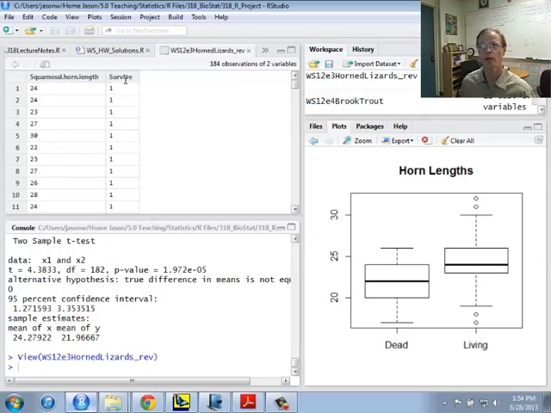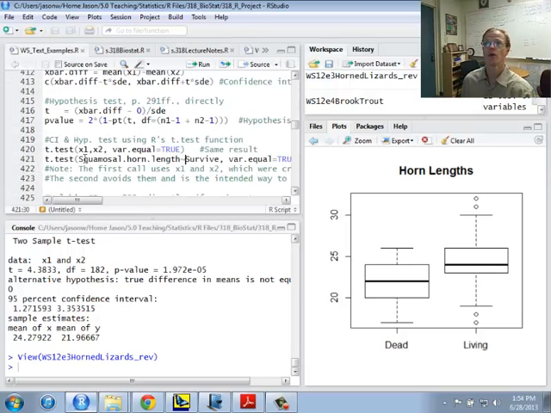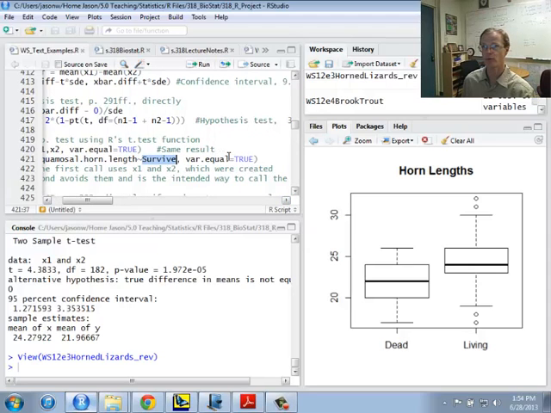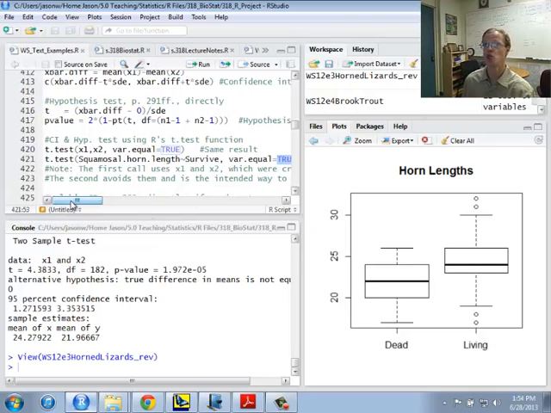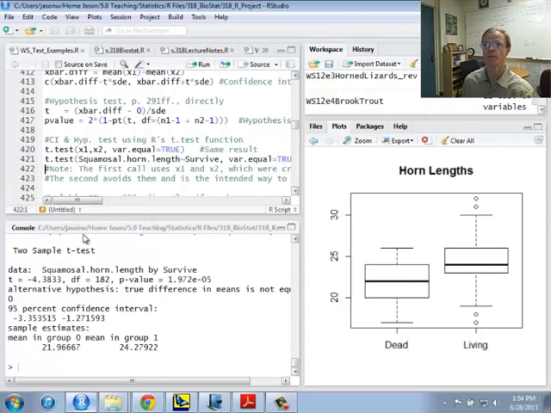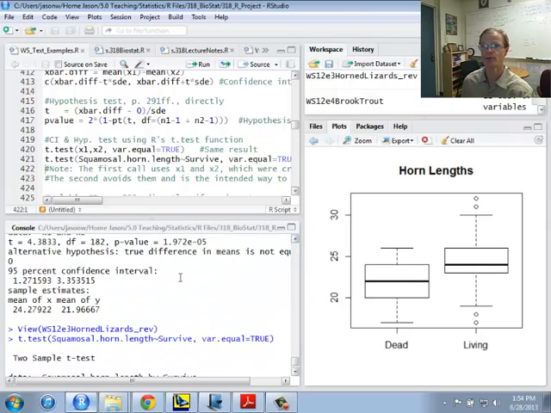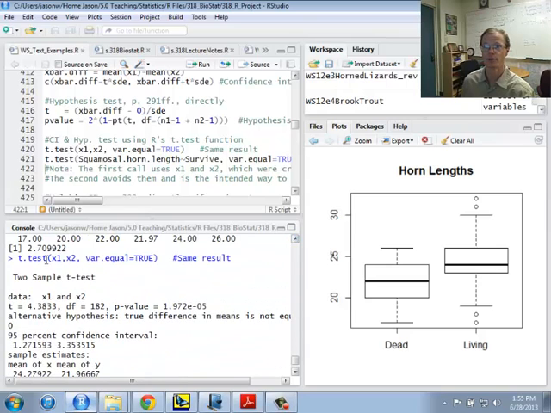All the lengths in one column, and a categorical variable as to whether or not they're in the survive group in the other column. So all the horn lengths are going to be grouped by the survive. And again, equal variance. If you put false, that will give us the so-called Welch t-test, not assuming equal variances. But if I run this one, boom, you'll notice this is the exact same result as the previous line, but a different call to it.